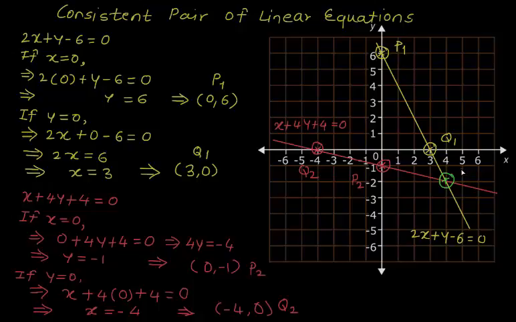Now what are the coordinates of this point? It has x coordinate as 4 and y coordinate as -2. Now let's check whether this point satisfies both the equations.